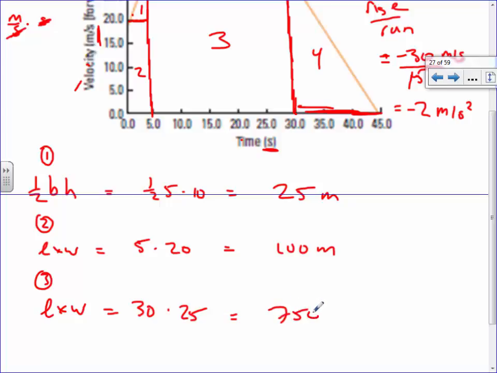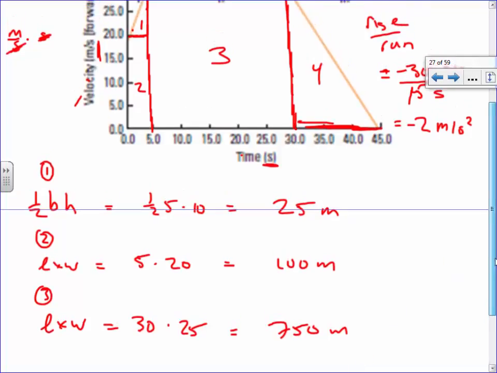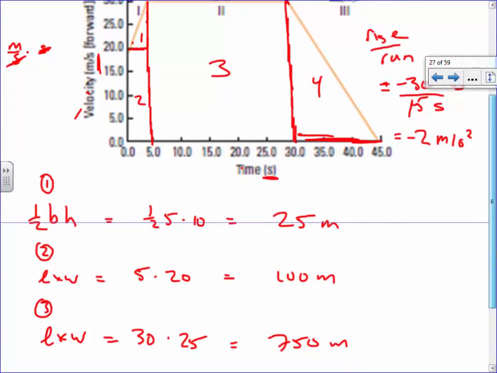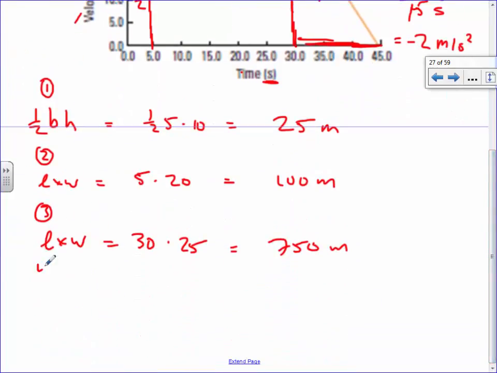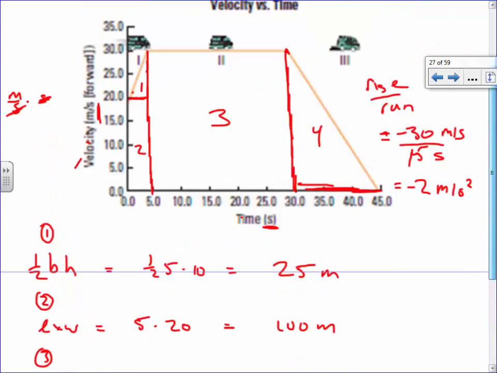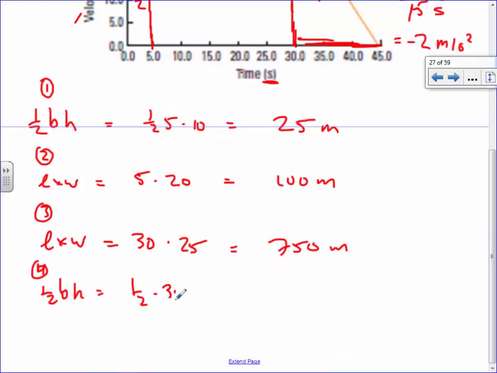Not even close. Oh, yeah, 30 by 20 would be 600. You guys still good with me? And then for the last one, 1/2 of base height is number 4. So it's 1/2 of, what's that height again? Still 30? And the base is 15.